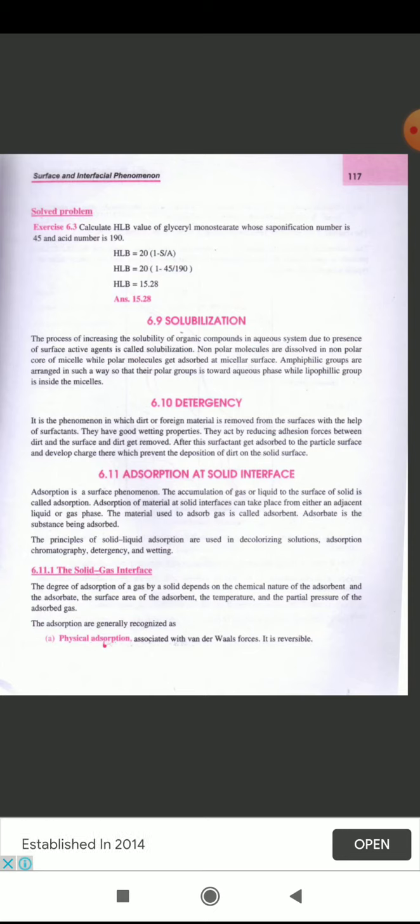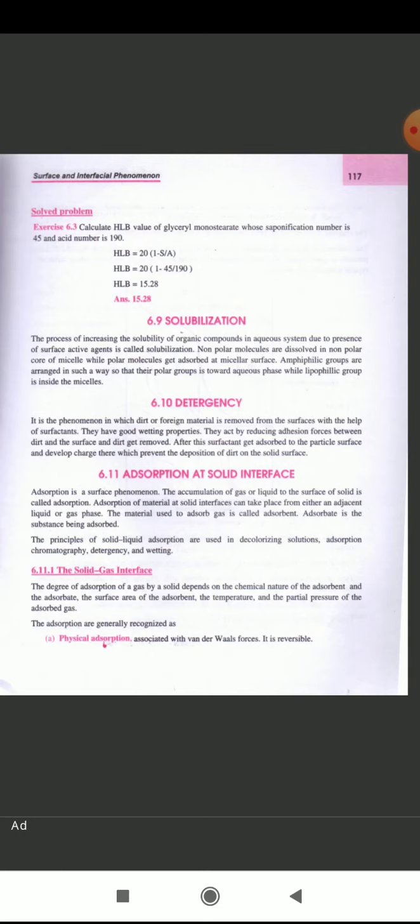That is, adsorbed dirt will get loose contact with the help of these surfactants or detergents. Later on, the dirt will entirely get removed from the surface of the cloth with the help of the surfactants. Surfactants, as earlier we have discussed, we have many examples regarding this one. Sodium lauryl sulfate, cetomacrogol, spans, etc.